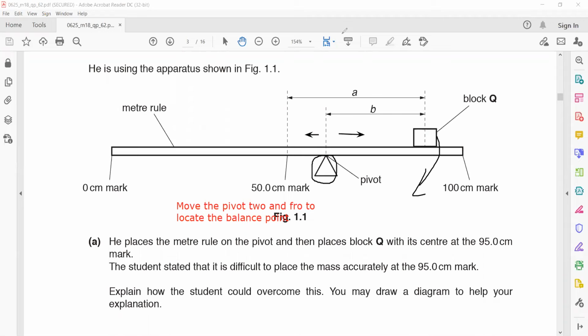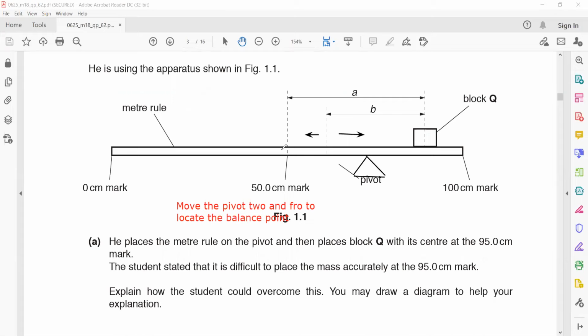Now what you will do, you will change the position of the pivot to find the balance point. For example, you place a pivot here.